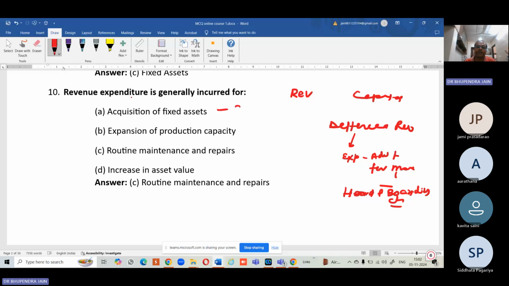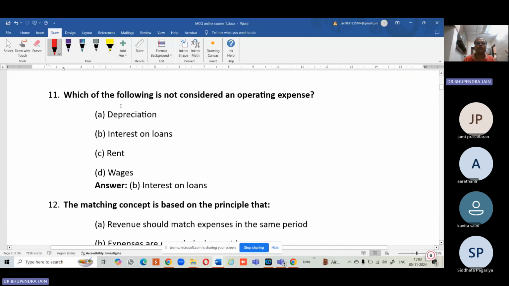Acquisition of fixed assets is capital. Expansion of production capacity, this is capital. Routine maintenance, this is revenue. Or increase in asset value, this is also capital. So routine maintenance and repair is an example of revenue expenditure. Now question number 11.